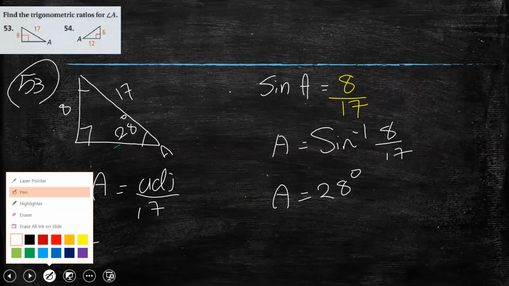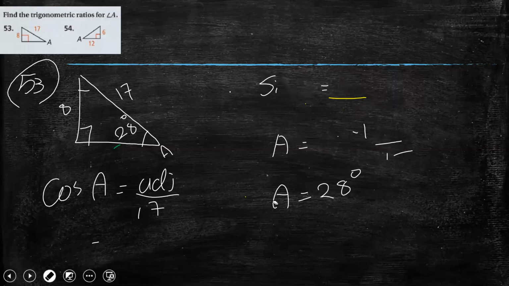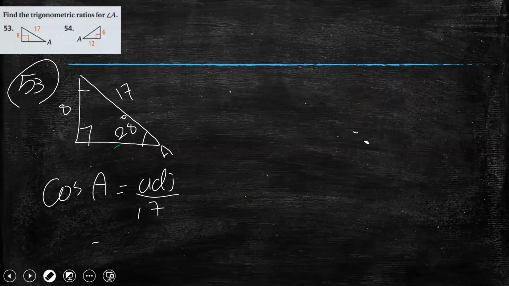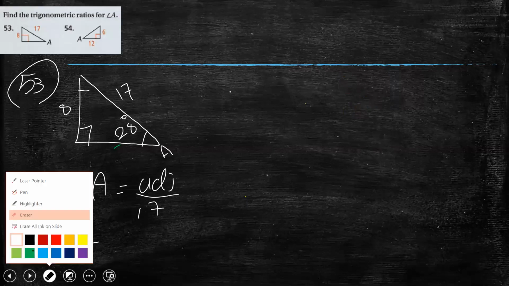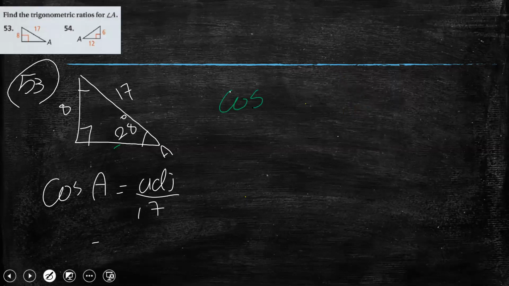Then from this 28 degrees, you can substitute it now in the formula of cosine. That's cosine 28 degrees is the adjacent over 17.